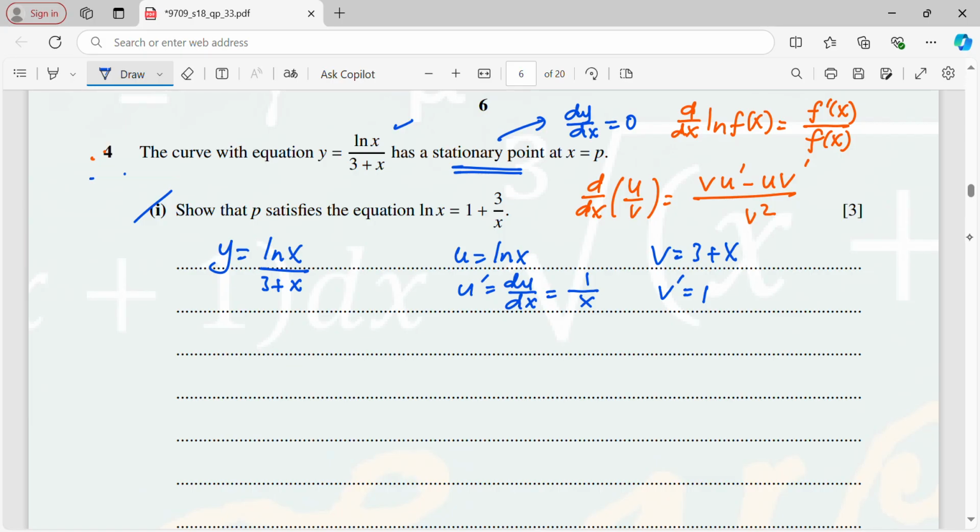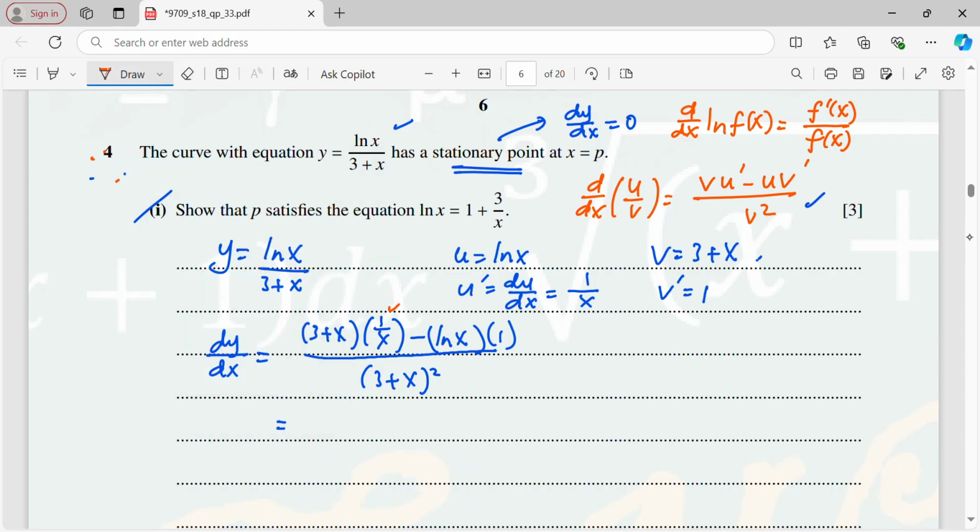So now I will just apply this formula, which is the quotient rule. Your dy dx is going to be over v squared, so square of 3 plus x, then v u prime. So 3 plus x times 1 over x, that is my v u prime, minus u v prime. So ln x times v prime is 1. That means now here, when I simplify, notice that the first term I need to multiply with 1 over x.